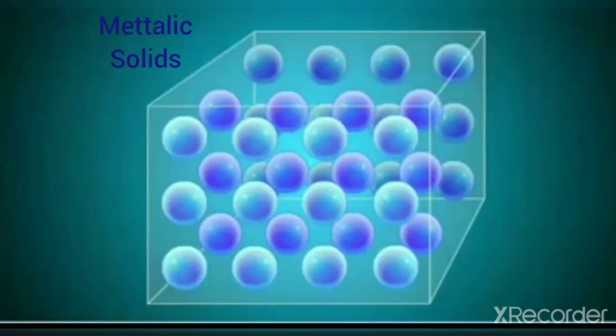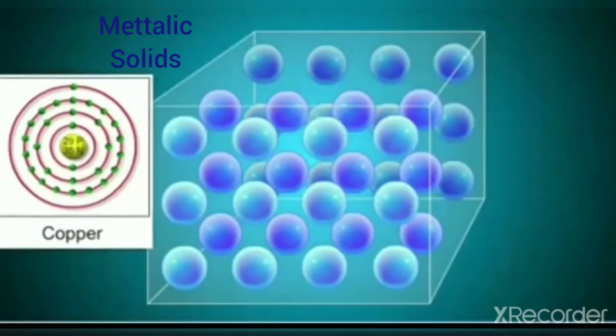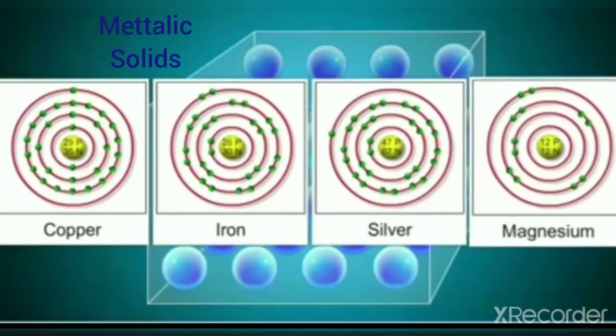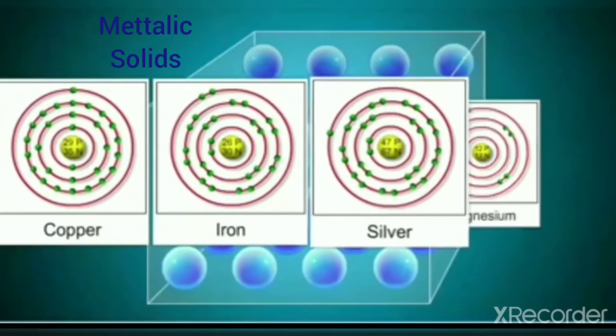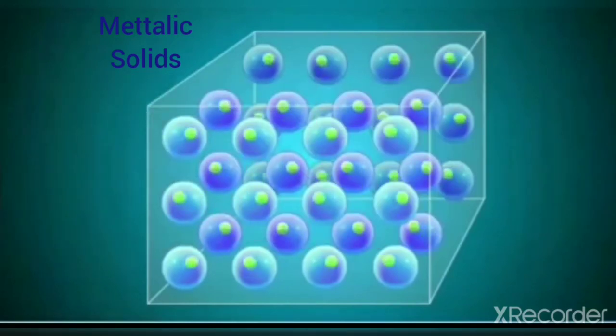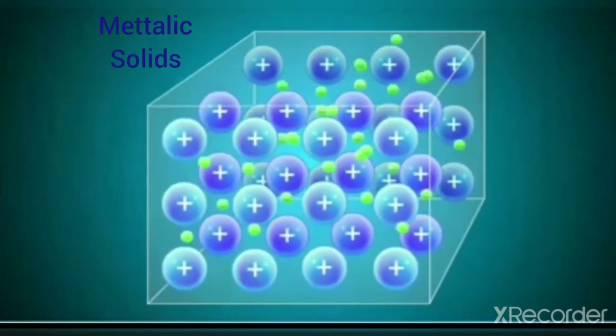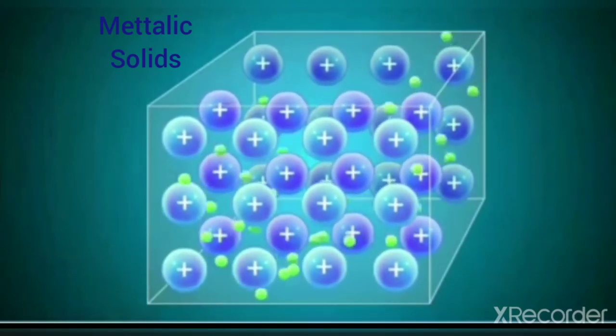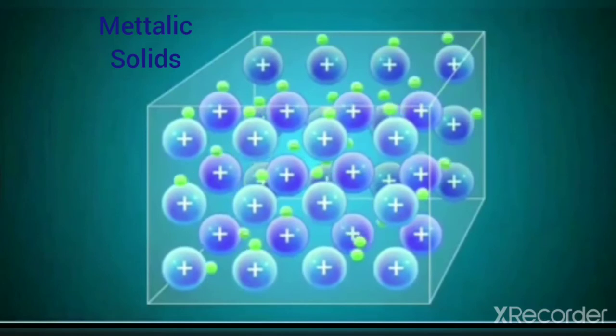In metallic solids, metal atoms like copper, iron, silver and magnesium lose their valence electrons to the crystal as a whole. These solids are merely a collection of positive ions surrounded by a sea of electrons.